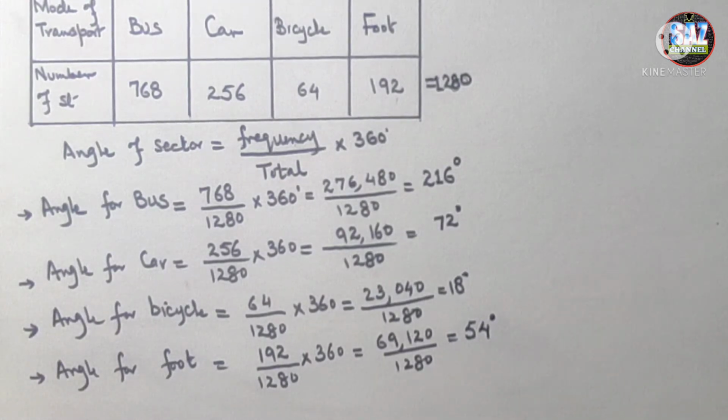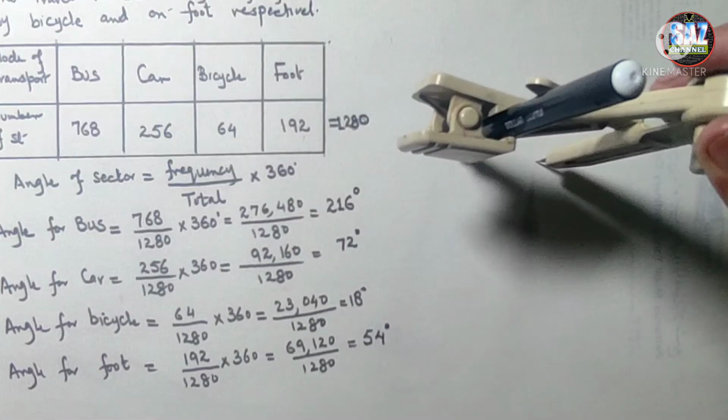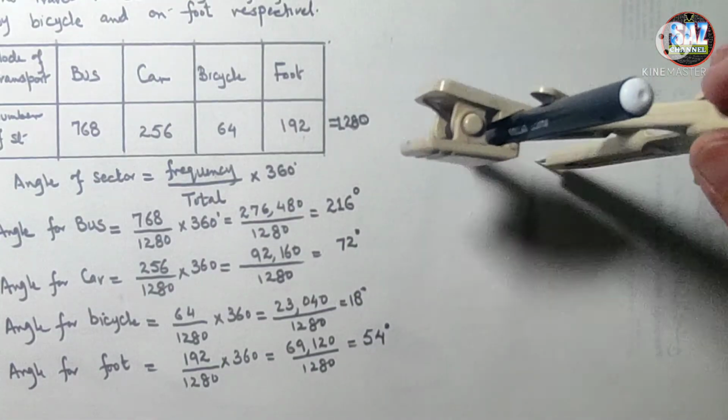So it's time to go for the construction of the pie chart. As we know, a pie chart is a circular diagram, so first we have to draw the circle. Let me hold the compass and fix a pen in it. The size of the circle does not matter.